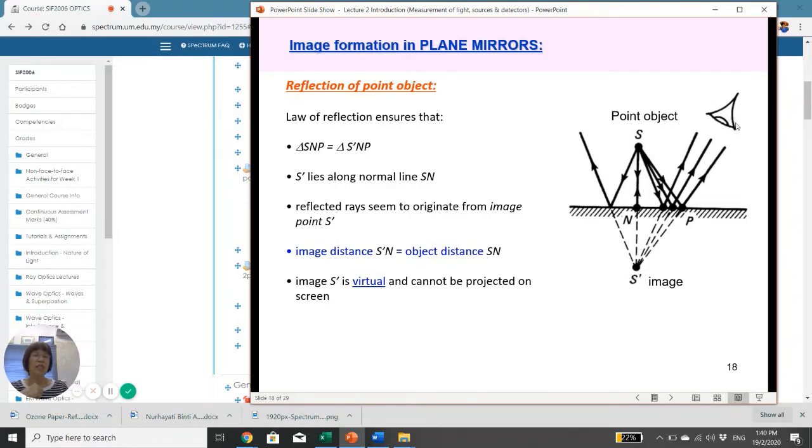So what you see is as if the point object is behind the mirror. In this case, this image is virtual and you cannot project it onto a screen. It's like watching your image in the mirror every day in the morning.